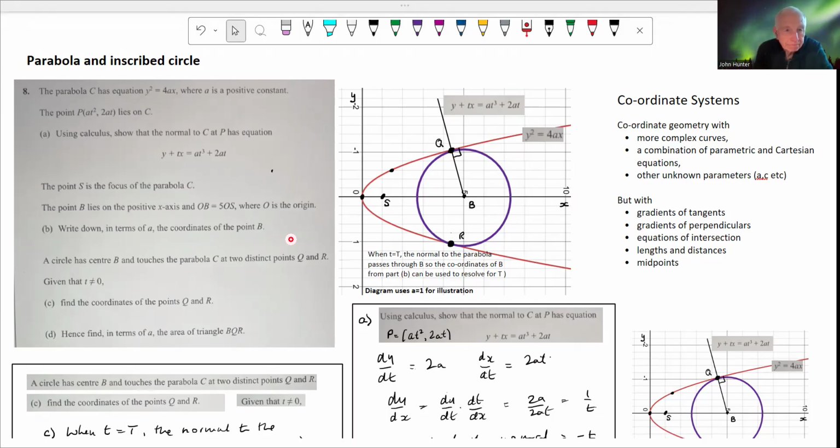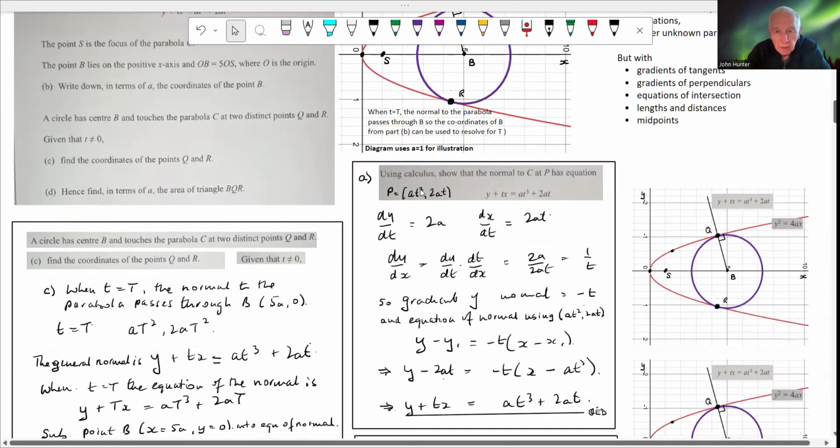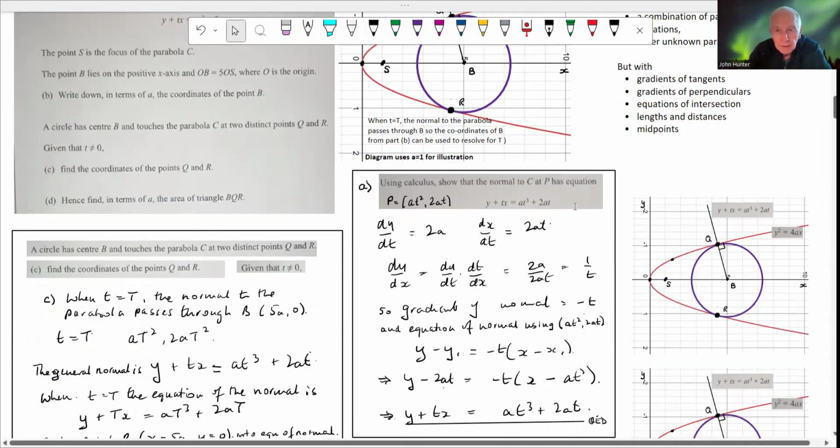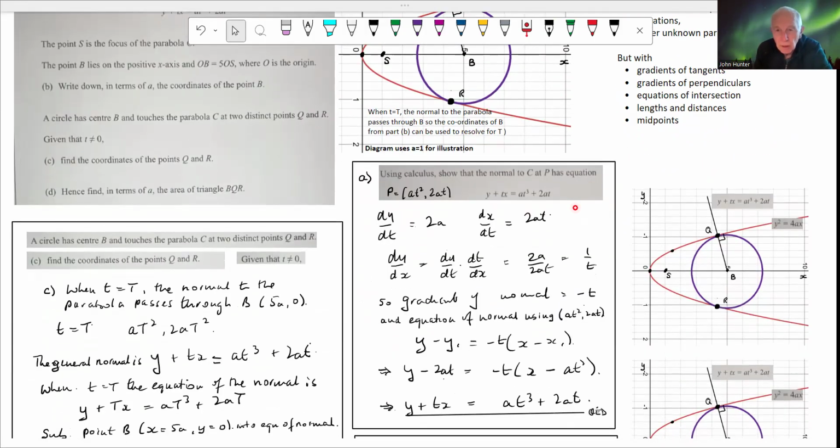So we've got to show that this is the equation. We've brought it down here: using calculus, show that the normal to C at P has equation this.